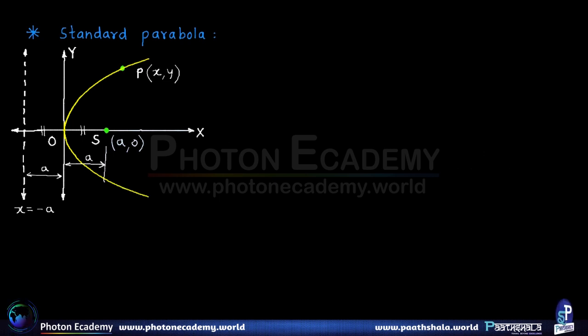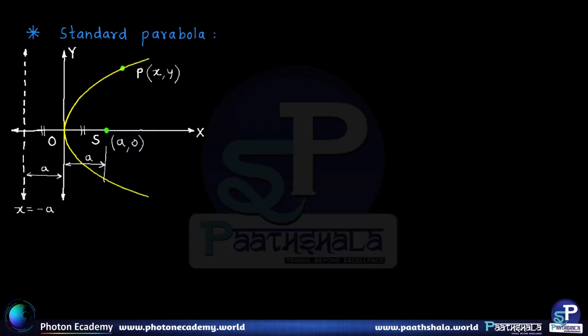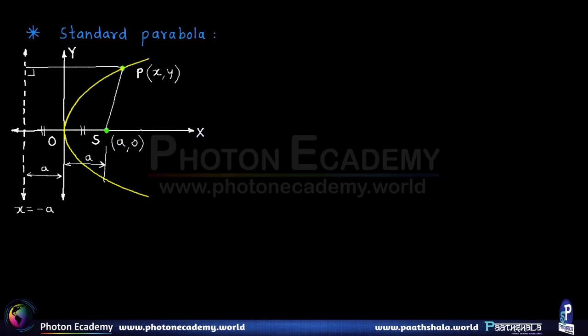For that, let us understand the definition of the parabola as we have seen. It's a curve in which the eccentricity is 1, which means its distance from the focus and its distance from the directrix are the same. So that point P is equidistant from the focus and directrix, right?